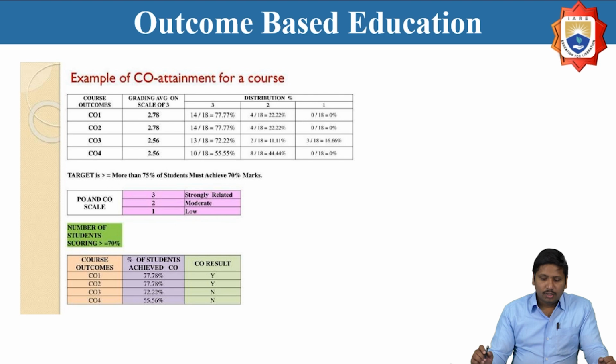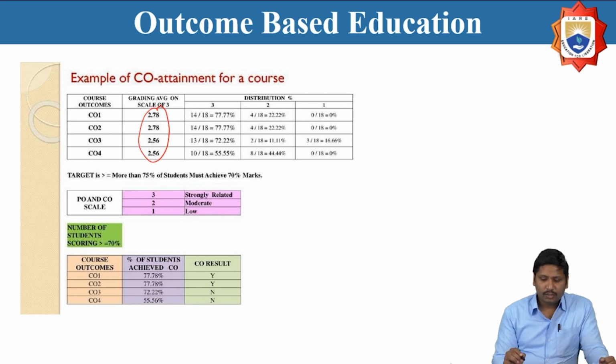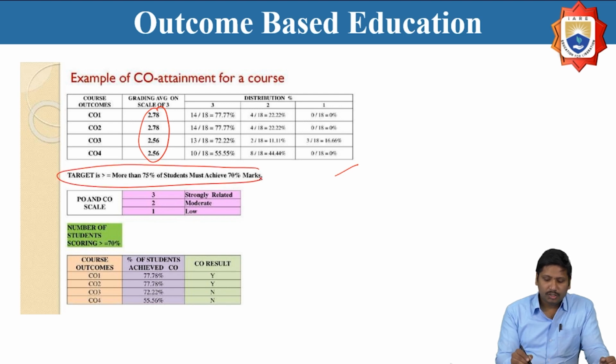So see here, the example of attainment of course should be CO1, 2, 3, 4, and these are the values that I'm going to get. After evaluating that, and then distribution, the COPO scale is mainly where the target is going to be set. That should be more than 75%, should have 75% of marks.